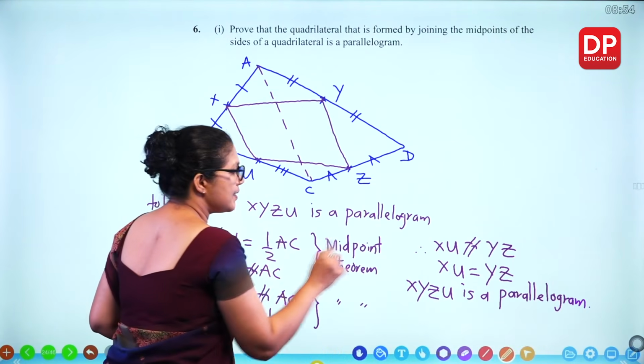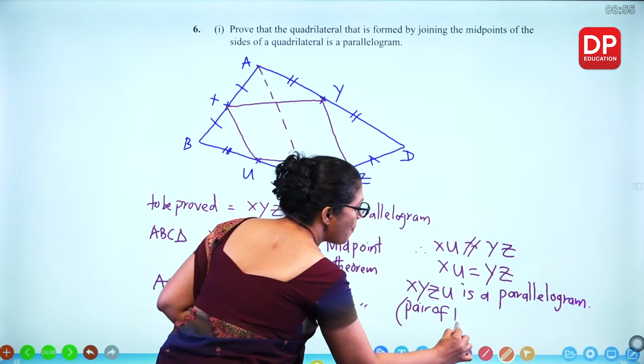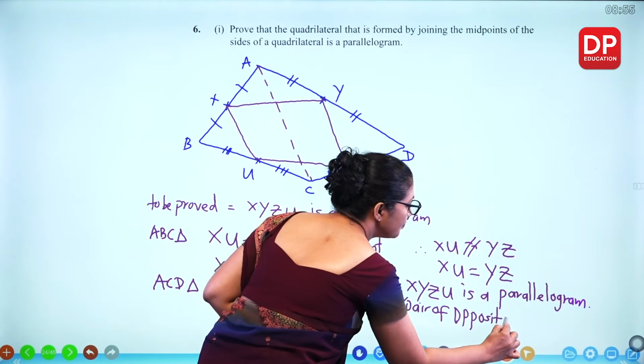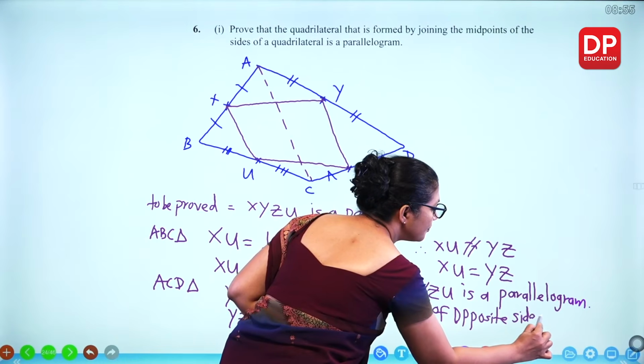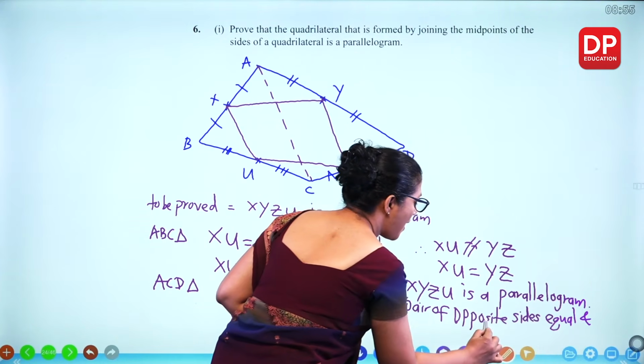What's the reason? A pair of opposite sides equal and parallel.